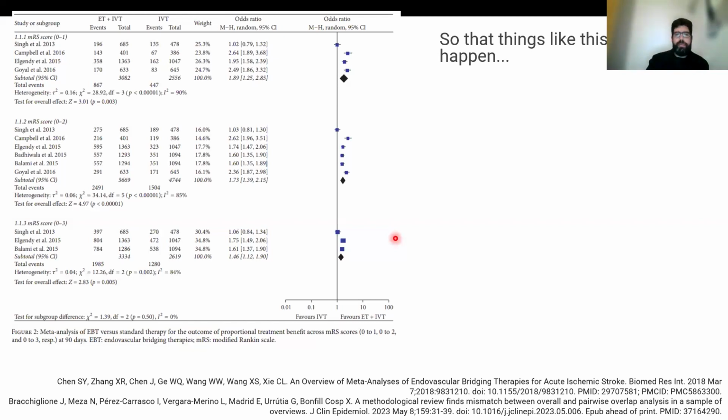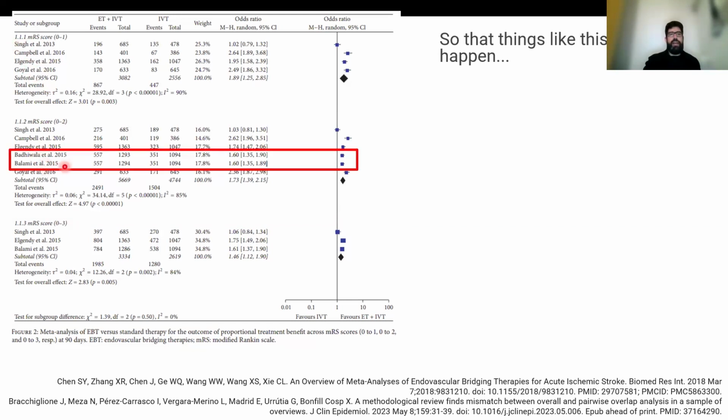Something like this. This is probably an extreme case. It's an overview that undertook a meta-analysis of meta-analyses. So each one of these studies, these are not primary studies, these are systematic review findings. If you see these two studies, this has to ring a bell. You have the same number of events, almost the same total patients in both studies, almost the same estimates of effect and confidence interval.